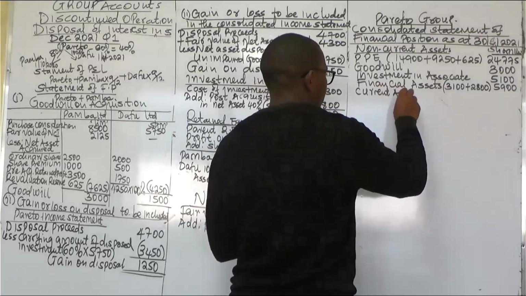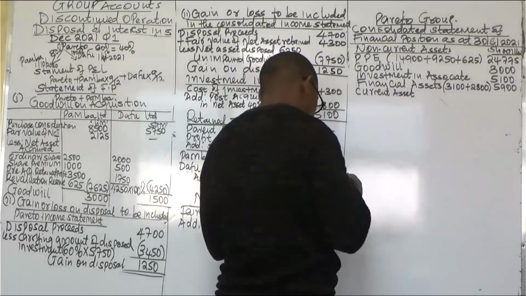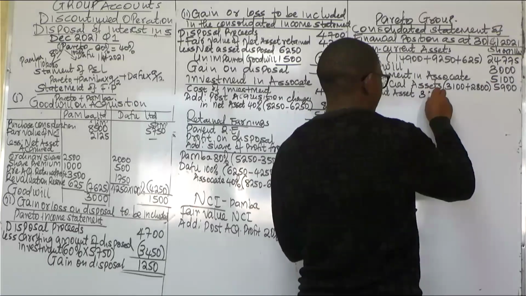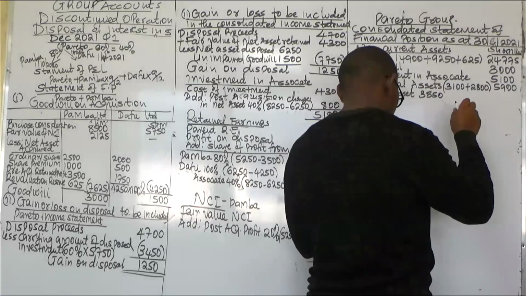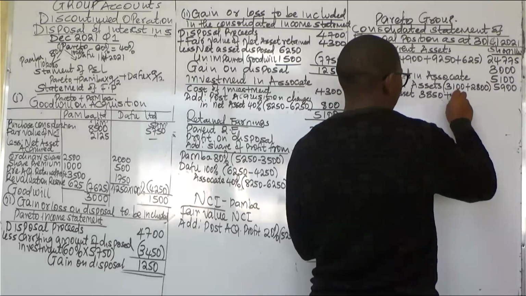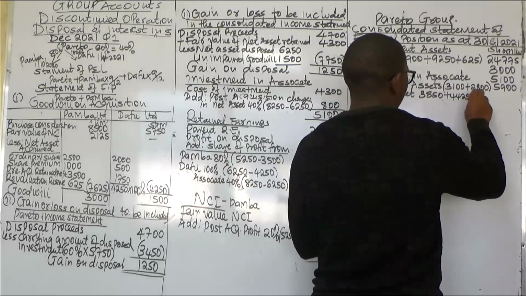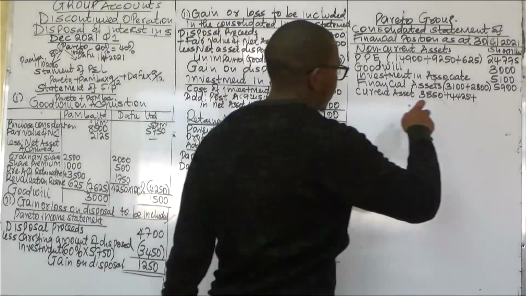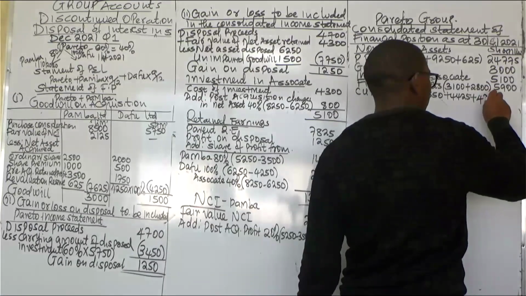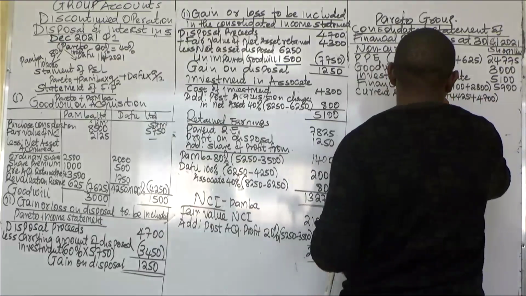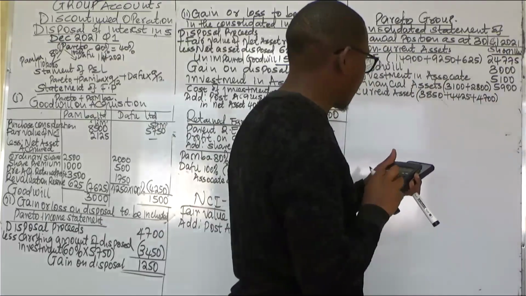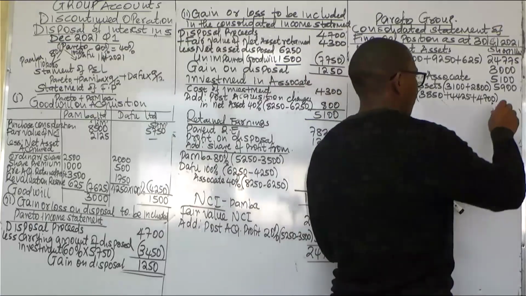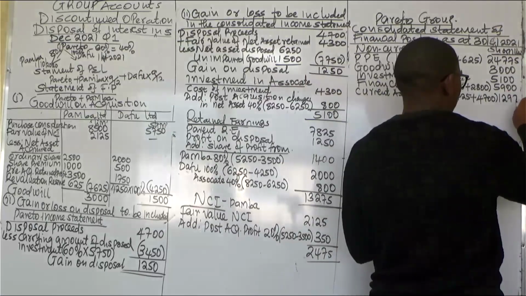Current assets here we have 3,850 plus 4,425. And then they sold, meaning the disposal proceeds they are receiving, this 4,700. So 3,850 plus 4,425, 4,700, this will be 12,970.